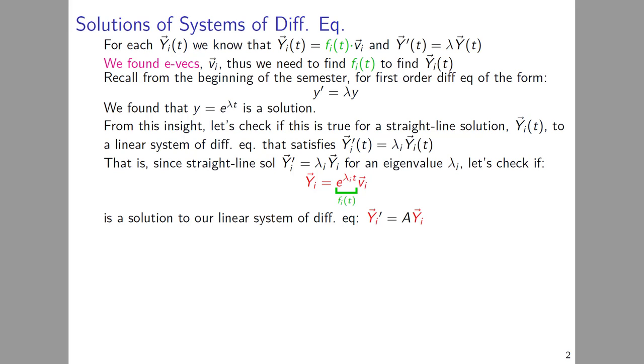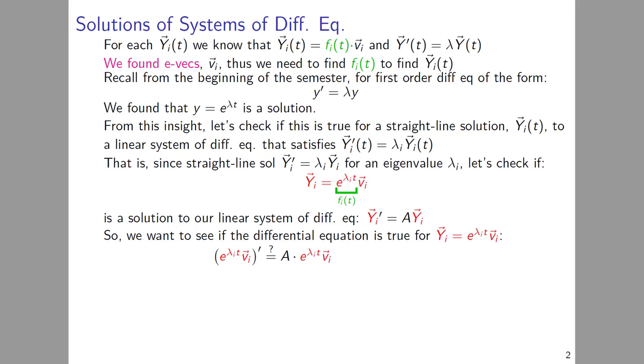let's check if yi equal to e to the lambda i t times vi is a solution to our linear system of differential equations y prime equals Ay for this particular function yi. Notice here that our scalar multiple fi of t is e to the lambda i t. At least that is our guess for fi, which is what we need to find.